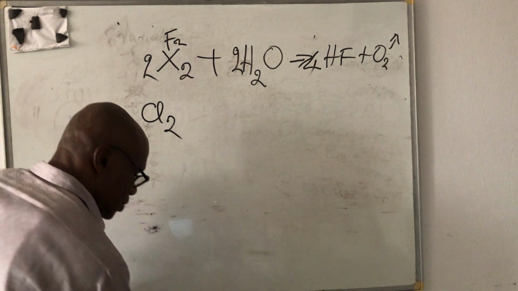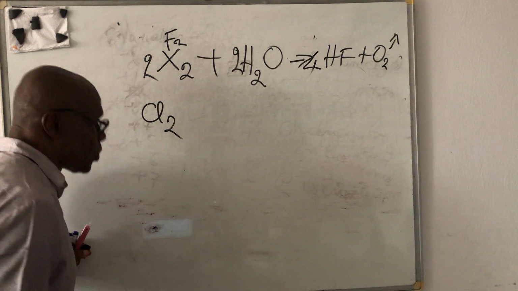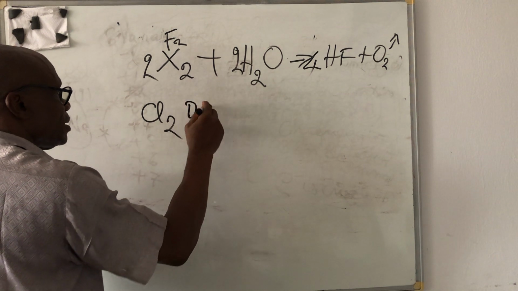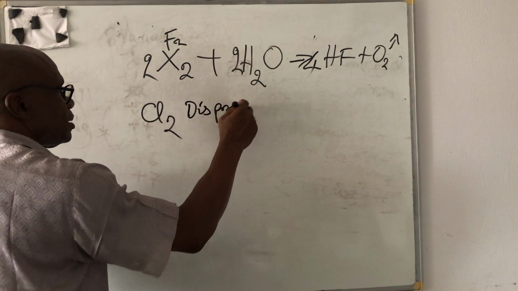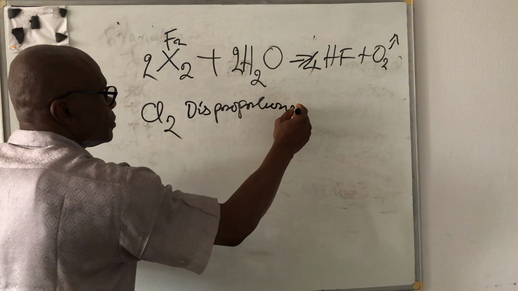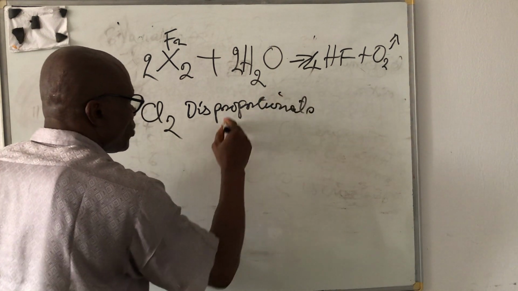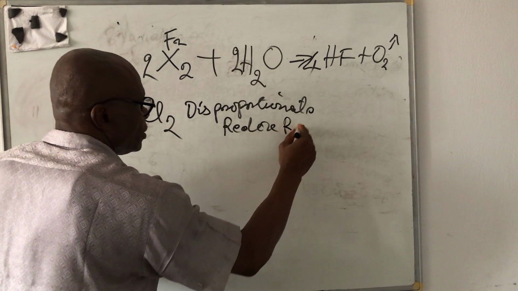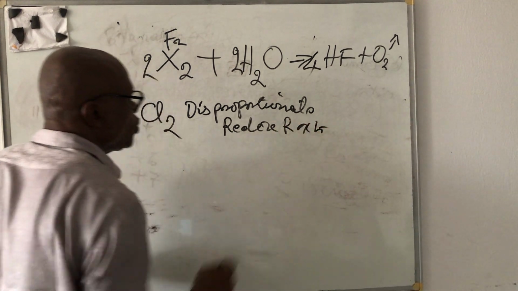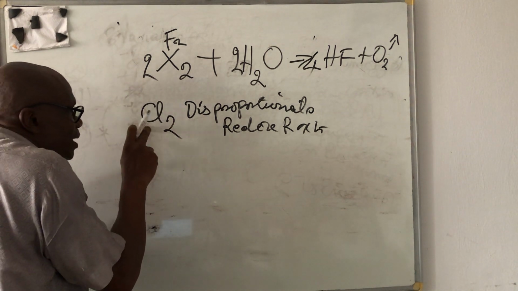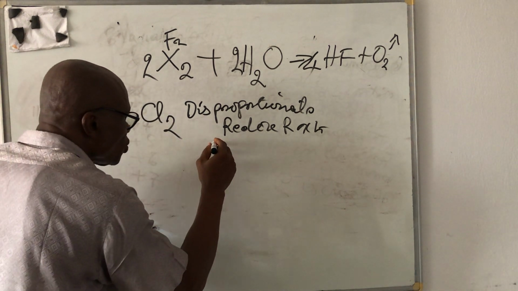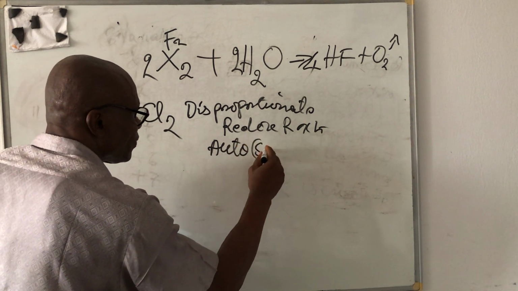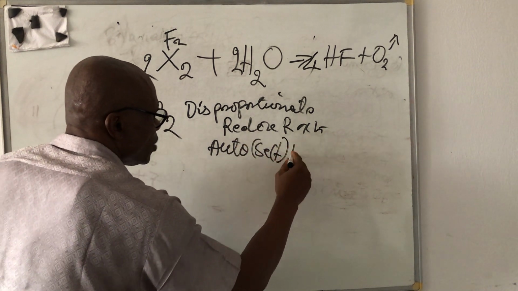What that means is, when you say it undergoes a disproportionate redox reaction, what do we mean there? The very same, or you call it auto-ionization. Auto meaning self. Ionization.